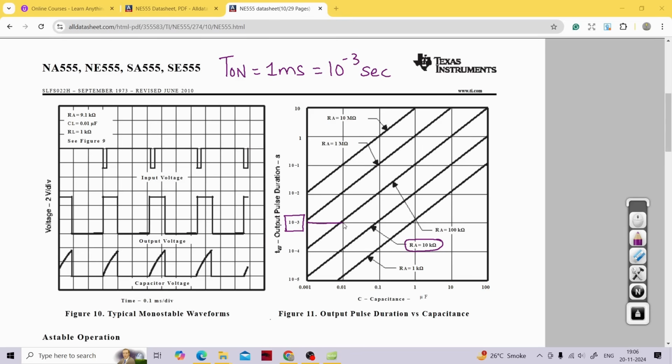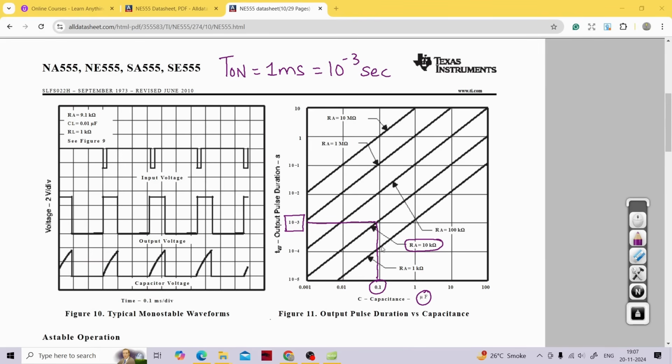If I plot this over here, it is close to 0.1 microfarad. That means if I assume the value of RA as 10k, and the width of the pulse, the T on time, is 1 millisecond, then the capacitance value will be around 0.1 microfarad.